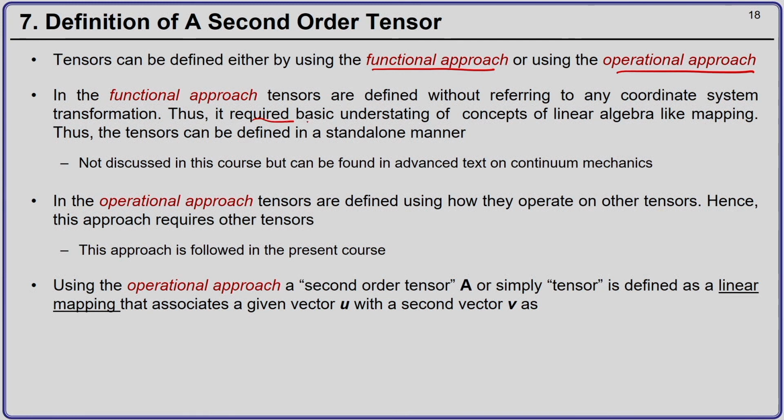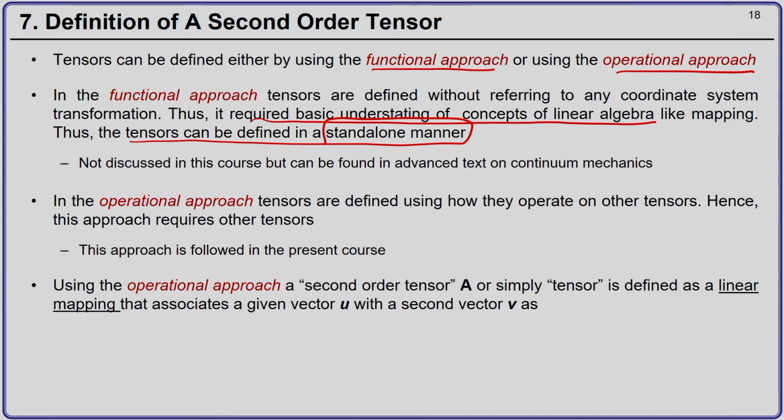Thus it requires basic understanding of linear algebra concepts, like mapping. The advantage of this approach is that tensors can be defined in a standalone manner. You do not need the help of any other tensors or vectors to define them.